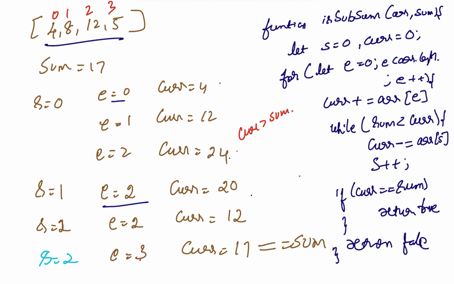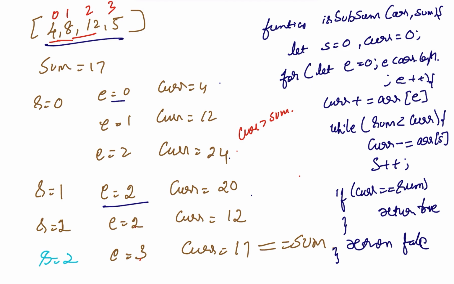If you can see over here, 4 is not greater than sum, 17. 4 plus 8 is not greater than 17, but 4 plus 8 plus 12, that is 24, is greater than 17.